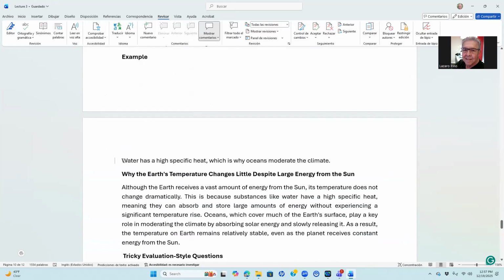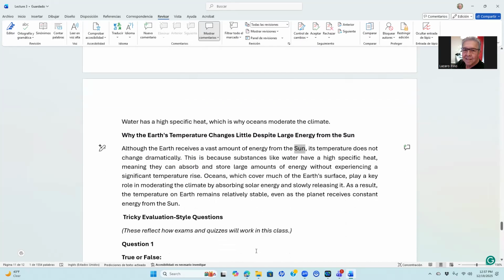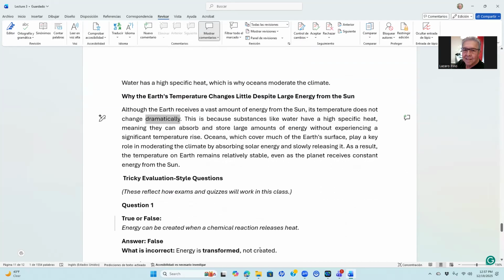For example, let me show you something that is very, very important. Water has a high specific heat, which is why oceans moderate the climate. Why the Earth's temperature changes little despite large energy from the sun. Although the Earth receives a vast amount of energy from the sun, its temperature does not change dramatically.